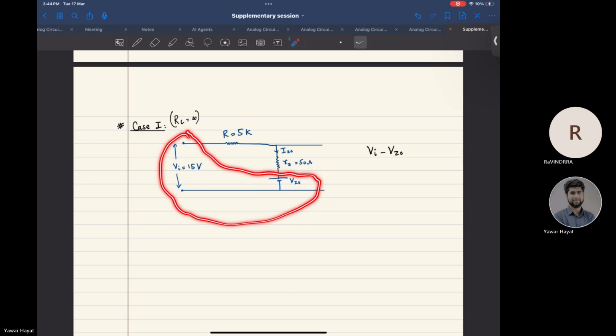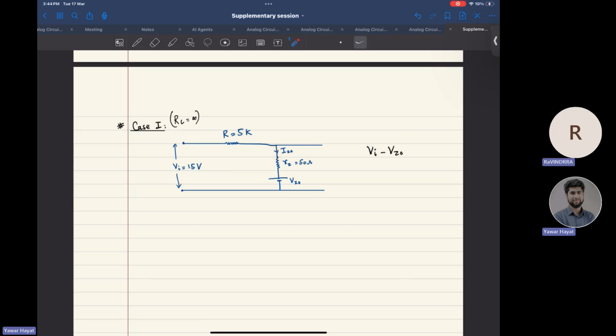The current flowing is IZ naught, and the resistance in the path is 5 kilo ohm plus 50 ohm. From Ohm's law, I'll have IZ naught equal to the voltage divided by R plus RZ, correct?